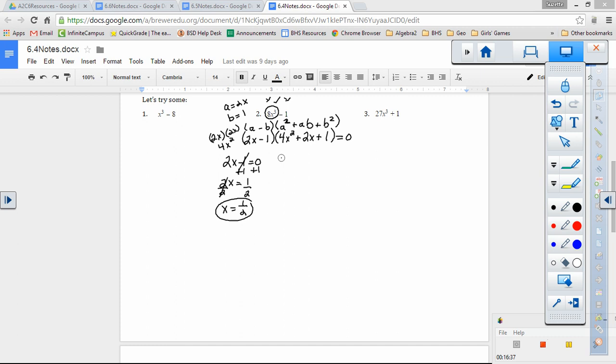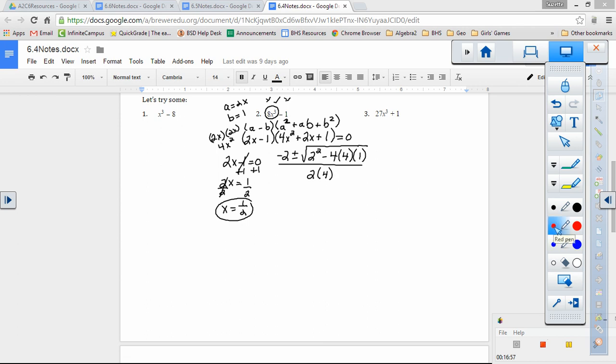So the opposite of b, so negative 2, plus or minus the square root of b squared, 2 squared, minus 4, times a, which is 4, times c, which is 1, all over 2 times a, which is 4. All right, let's evaluate.